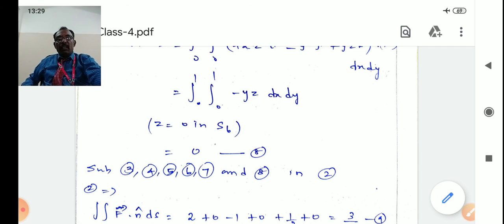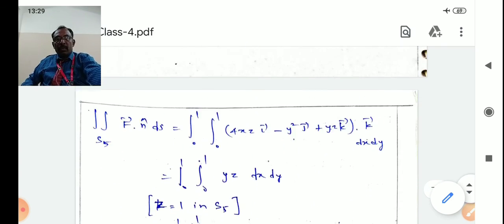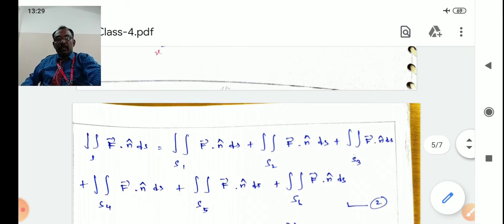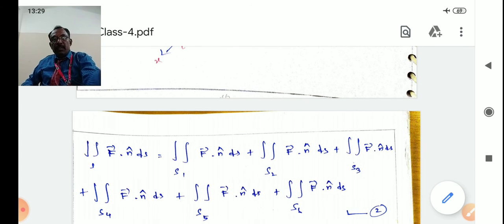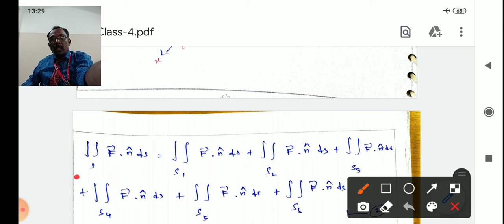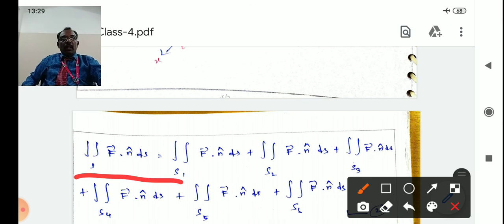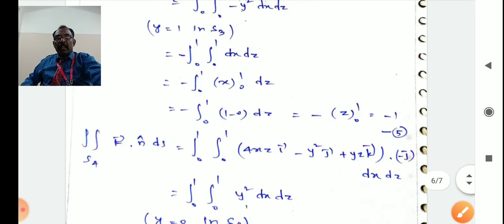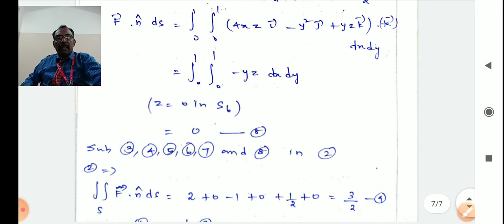Substitute 3, 4, 5, 6, 7 and 8 in equation number 2. Where is equation number 2? This is the LHS of this problem. LHS of this problem, double integral of F vector dot n cap dS, becomes now 2 plus 0 minus 1 plus 0 plus 1 by 2 plus 0.